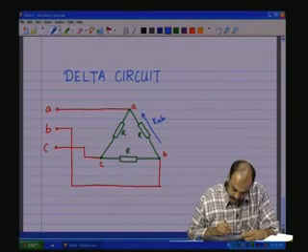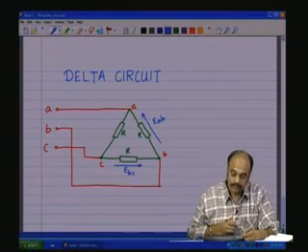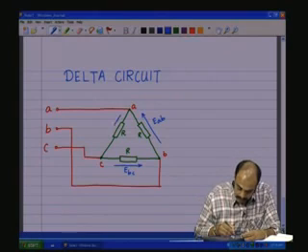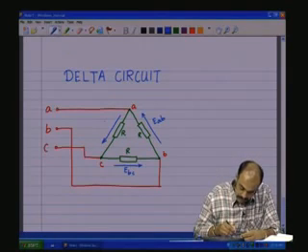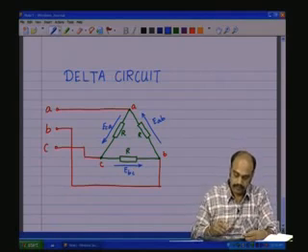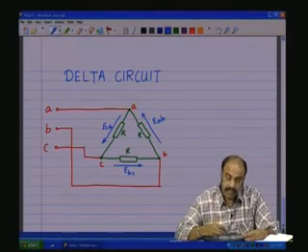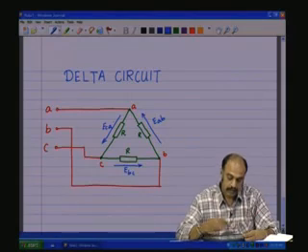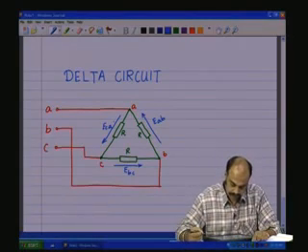Then we shall call this as EBC, and we shall call this as ECA cyclically. Cyclically, we have EAB, EBC, ECA.